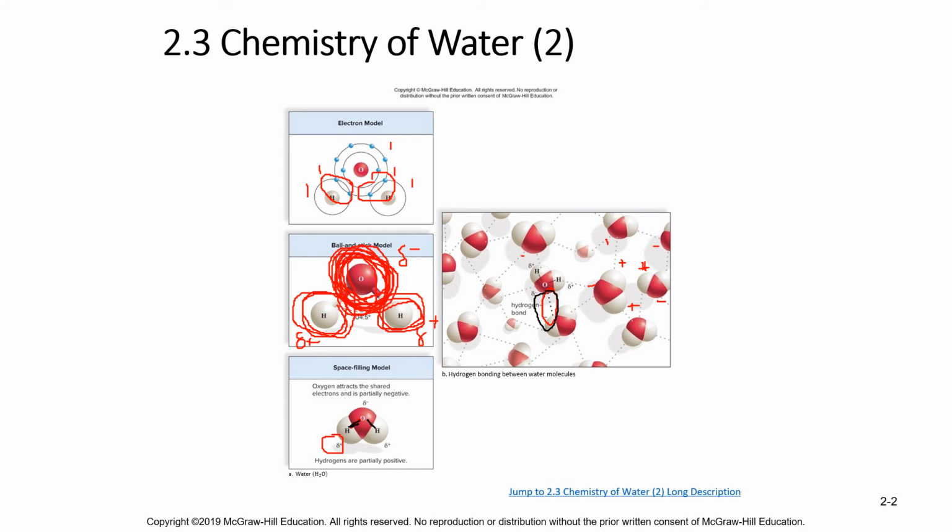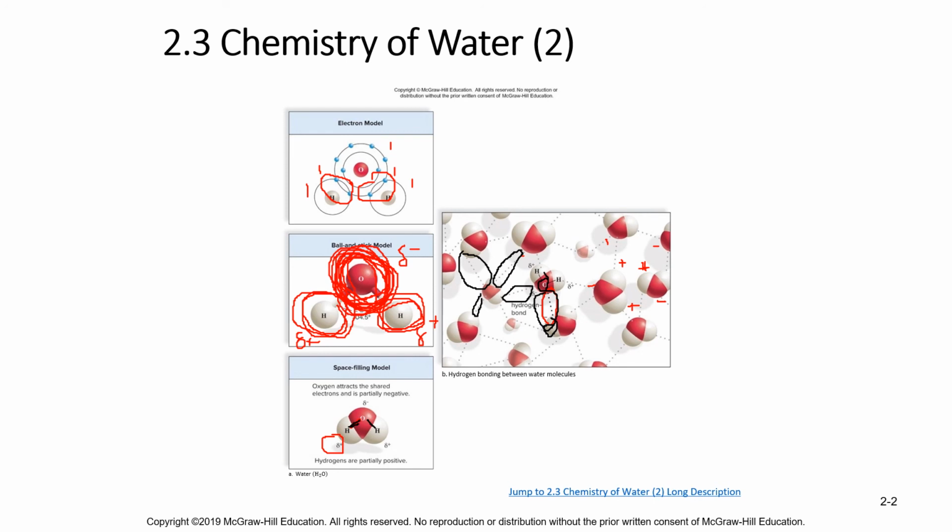But it'll always be between an oxygen and a hydrogen. And you can get lots of hydrogen bonding within water. And that's why you get surface tension.